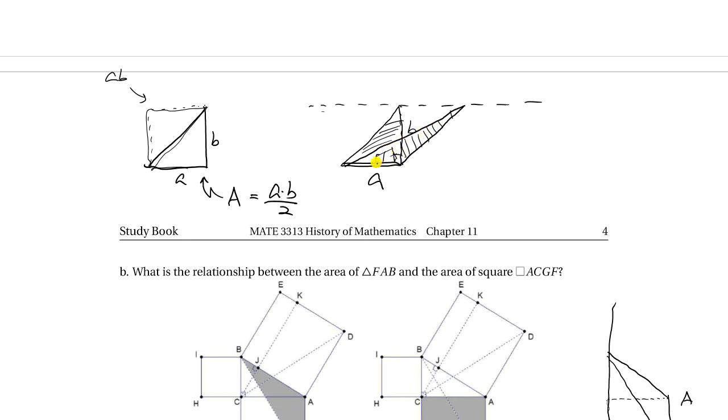Then how about the area of this right triangle and that obtuse triangle? Actually, they have exactly the same area, because in that obtuse case, the area formula is still base times height divided by 2, no matter how it's tilted.